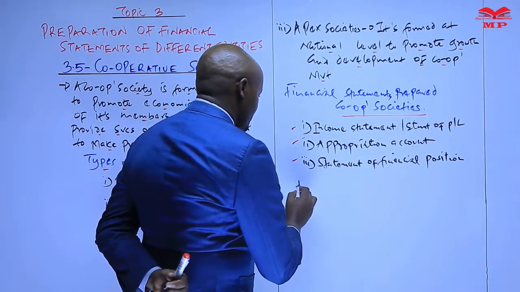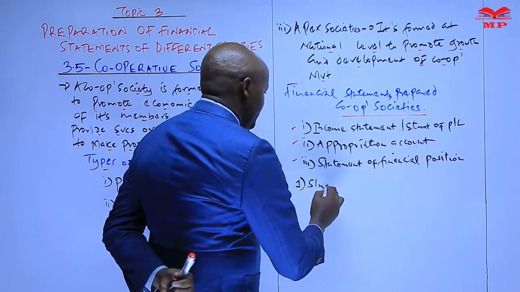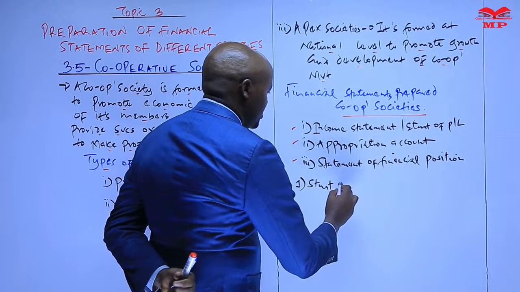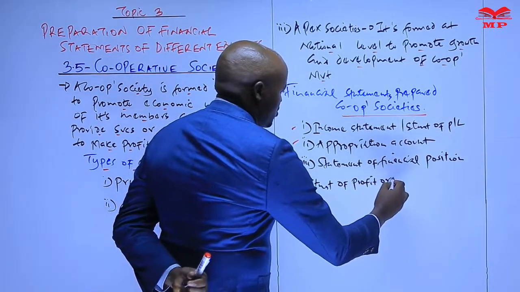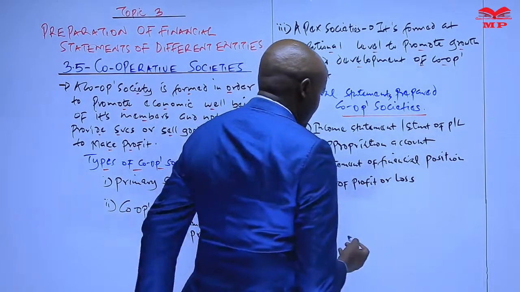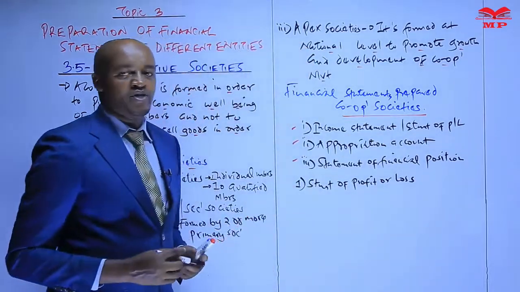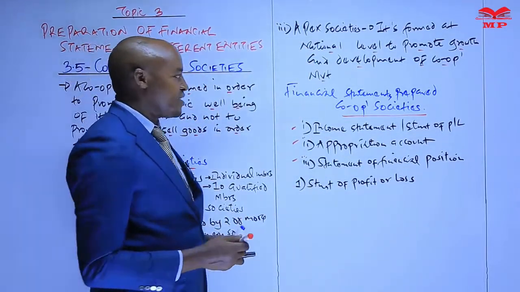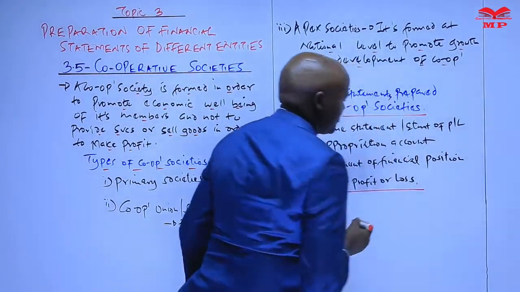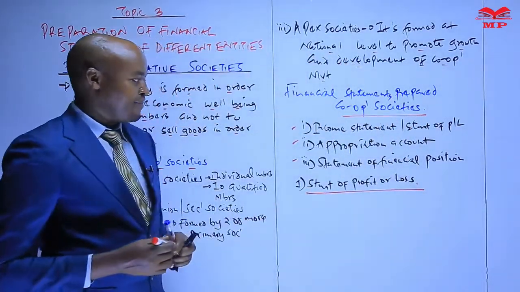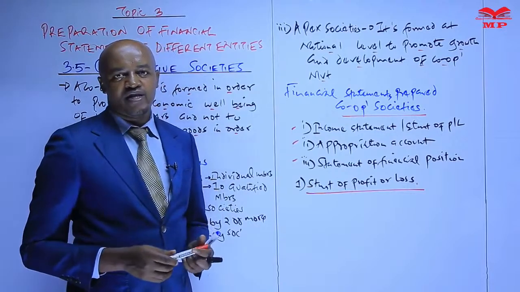income statement. So number one, we have the income statement, which we also refer to as a statement of profit or loss. And as the name suggests, a statement of profit or loss, or basically what you're referring to as an income statement, is prepared to determine the performance of a cooperative society.